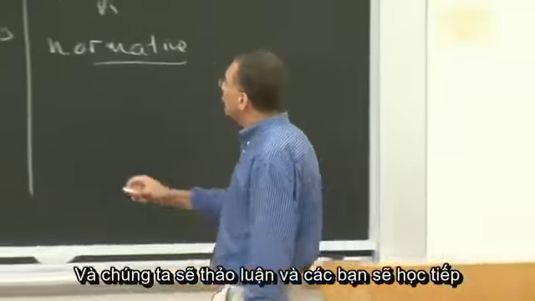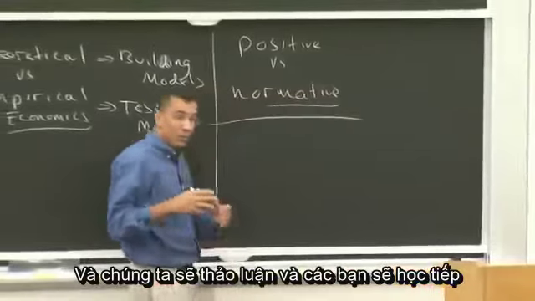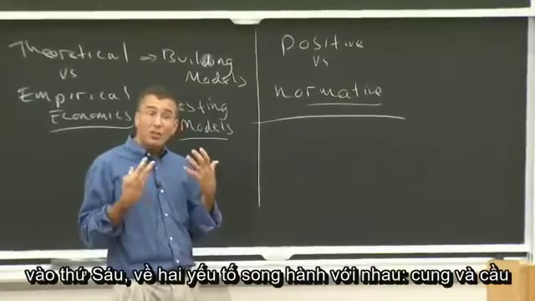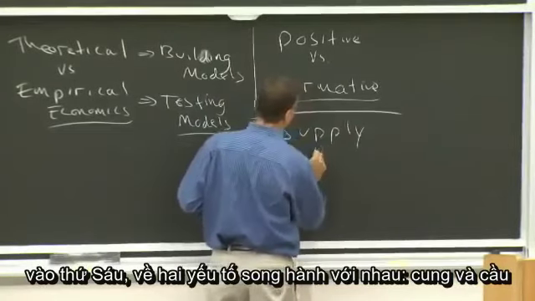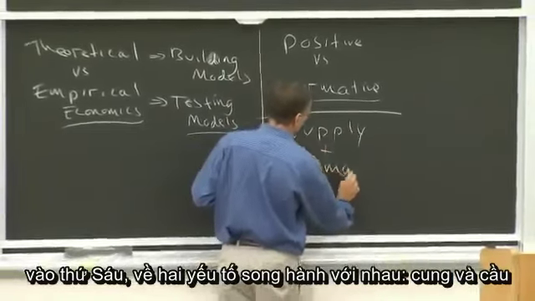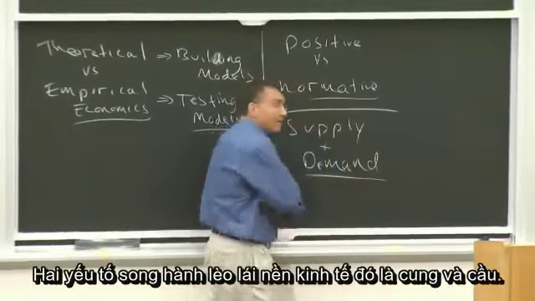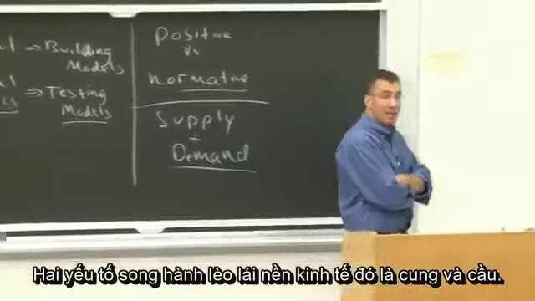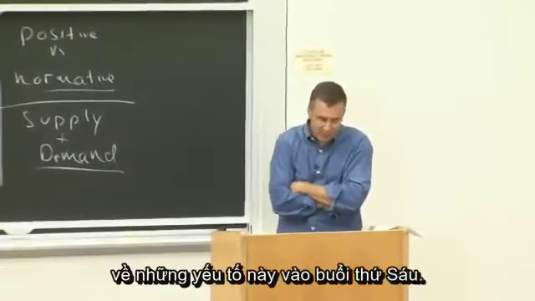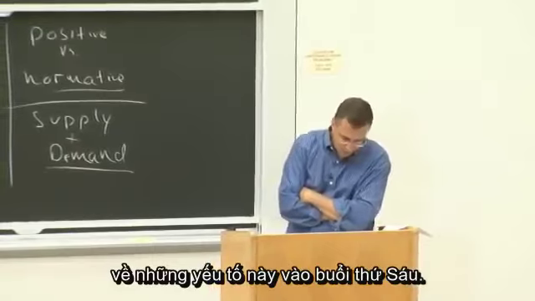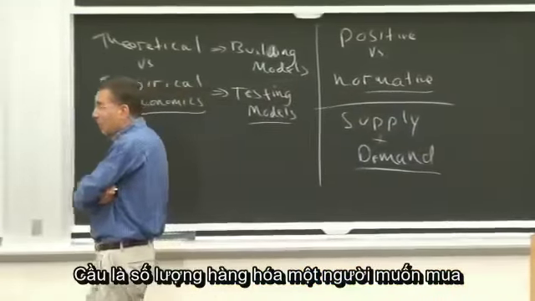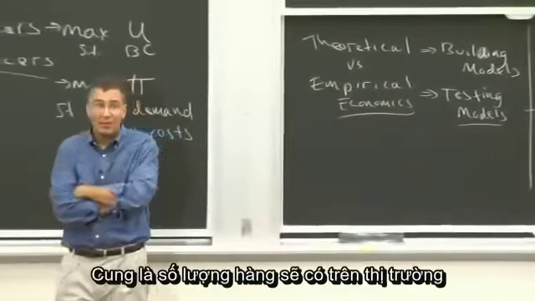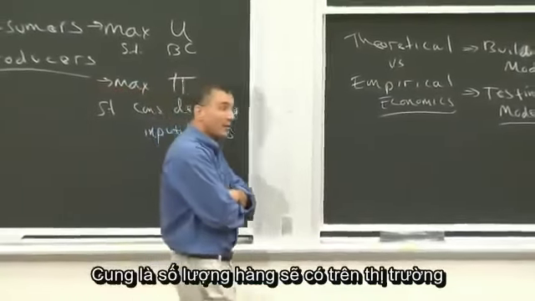And here, you'll learn more starting Friday about the twin forces of supply and demand, the twin forces that drive the economy. And you'll talk more vigorously about these on Friday. Basically, they're what they sound like. Demand is how much someone wants something. Supply is how much of it there is to have.